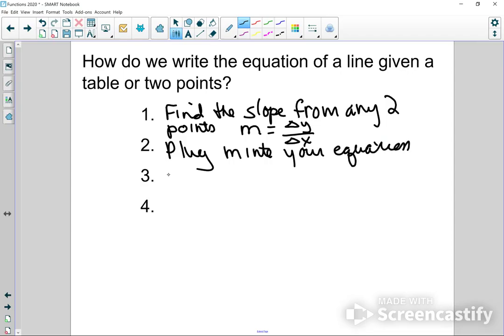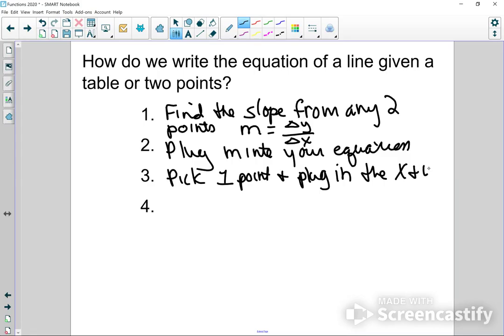After you plug in your m, you're going to pick one point and plug in the x and y values. And then you're going to solve for b.